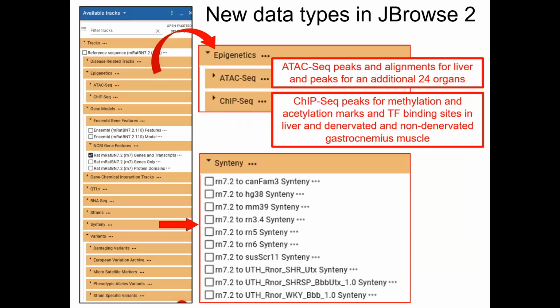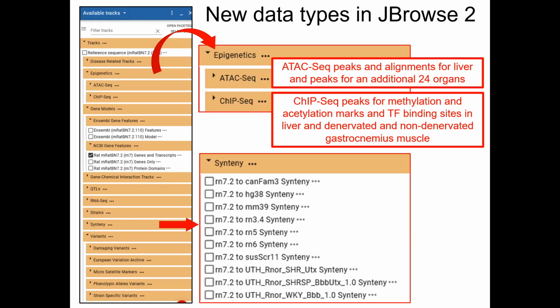So looking at the new data types that you can find in JBrowse 2, I'm going to talk about 2 of them specifically. We now have epigenetic tracks, including ATAC-seq peaks and alignments for liver, and peaks for an additional 24 organs, and ChIP-seq peaks for methylation and acetylation marks, and transcription factor binding sites in liver, and denervated and non-denervated gastrocnemius muscle. Plus, JBrowse 2 supports synteny tracks.